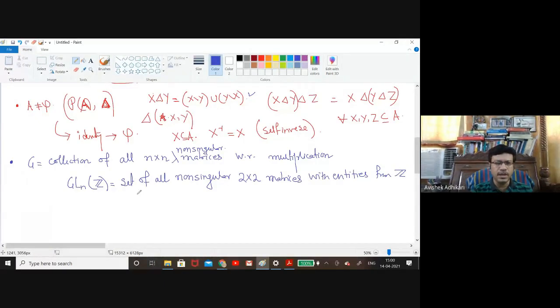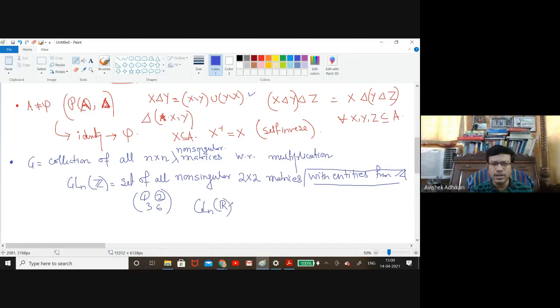That means it will look like this: 1, 2, 3, say 6. So what extra term have I added here? Entries from Z. That means all the elements here should be from Z. Now I may also have GLn(R).